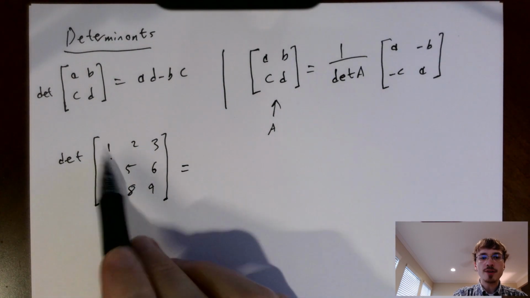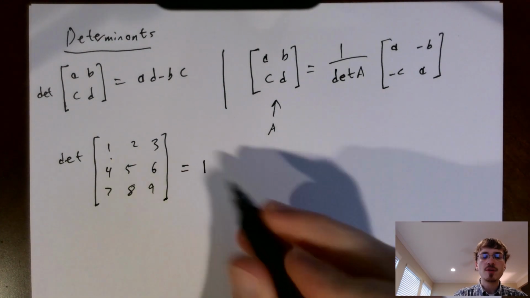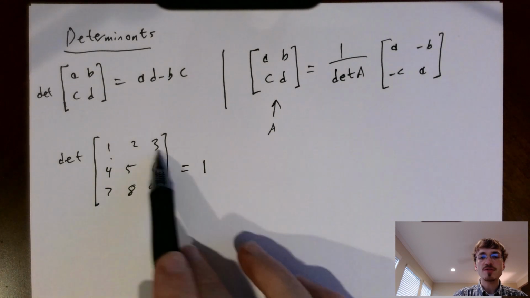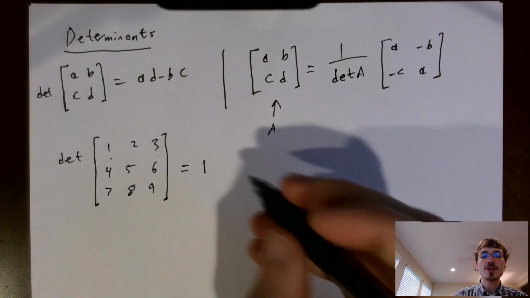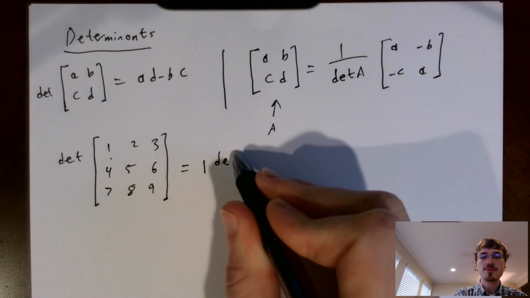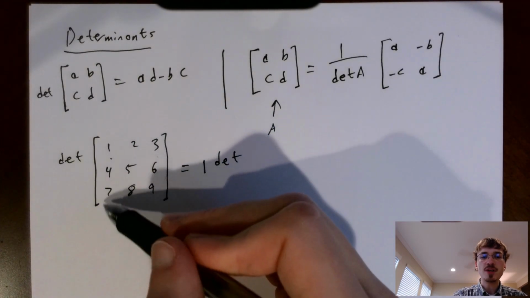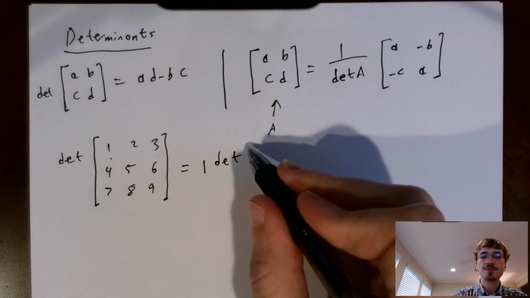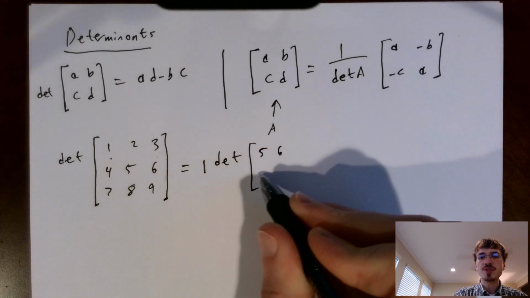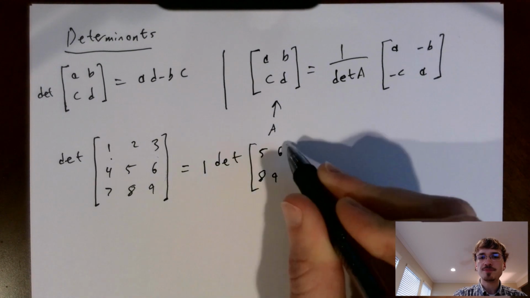We took the number 1 and multiplied by the determinant of the matrix that was left over once you cross off its column and cross off its row. So 1 times the determinant of the matrix 5, 6, 8, 9.